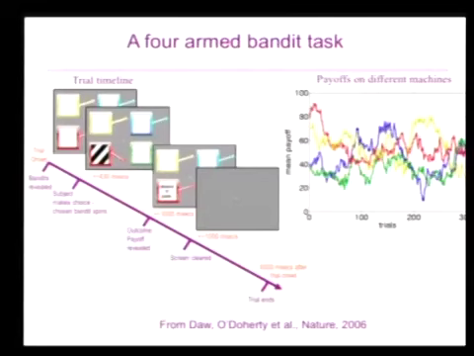What we did is we had people play this bandit task, except there are not 3 here, there are 4 bandits. And they're making choices, and they win points. Now, the different bandits are not paying off the same amount all the time, but instead they're very variable in the amounts that they're paying off.